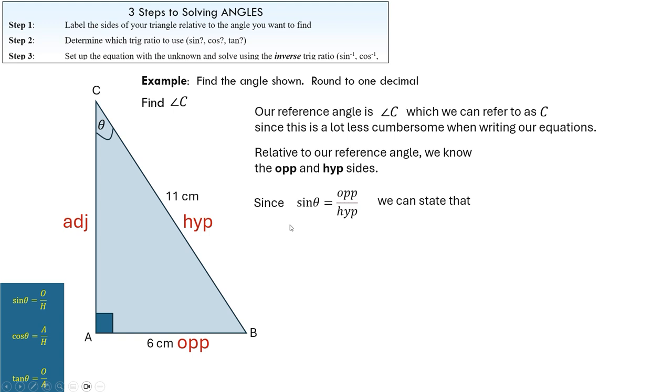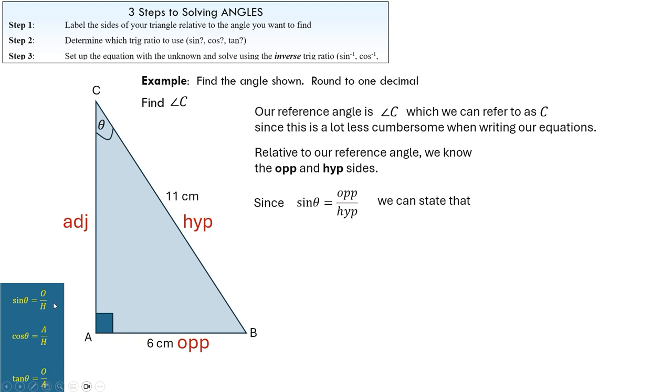Now, what do we know? We know the hypotenuse, we know the opposite. So we come over to our chart here and ask ourselves, which of these ratios deals with opposites and hypotenuse? Well, it happens to be the sine ratio.